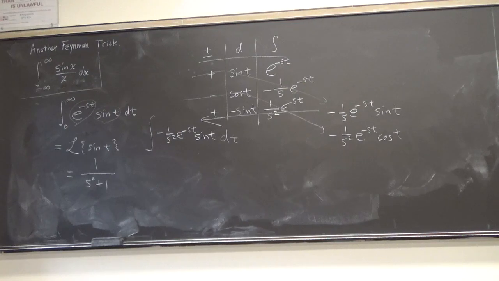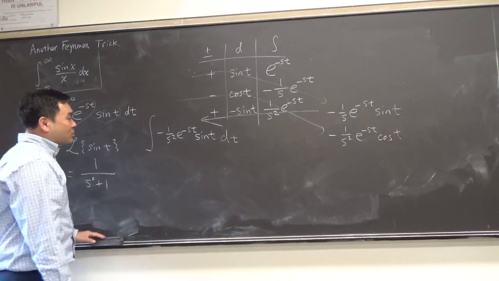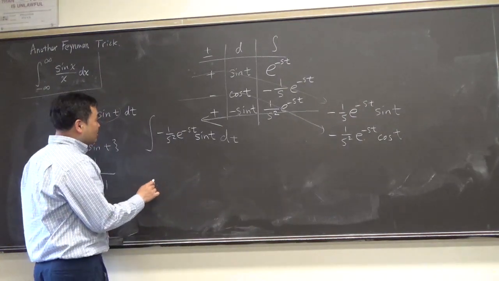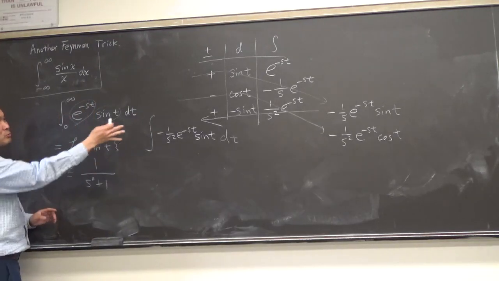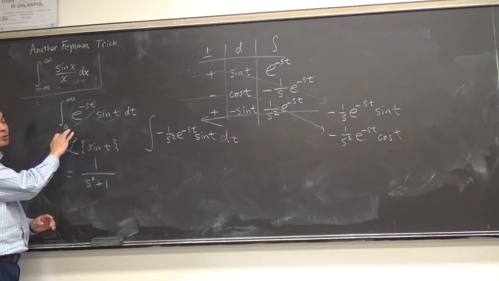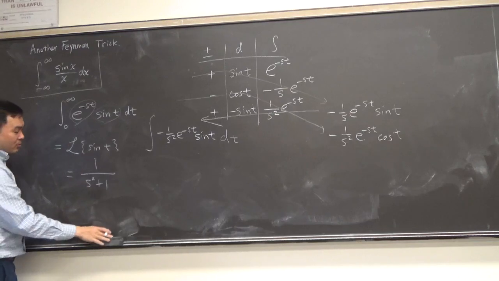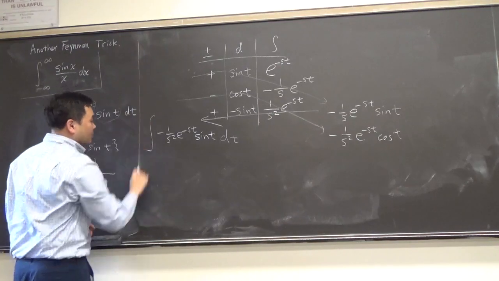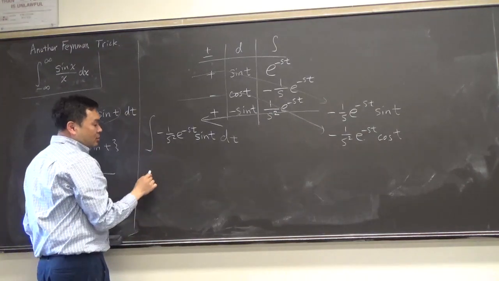Okay. So, what does this result say? It says, well, what I'm doing is not a definite integral. I'm doing the indefinite integral first. So, the result of the integral goes like this.